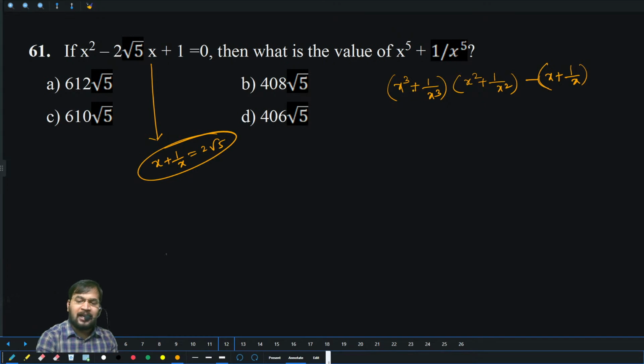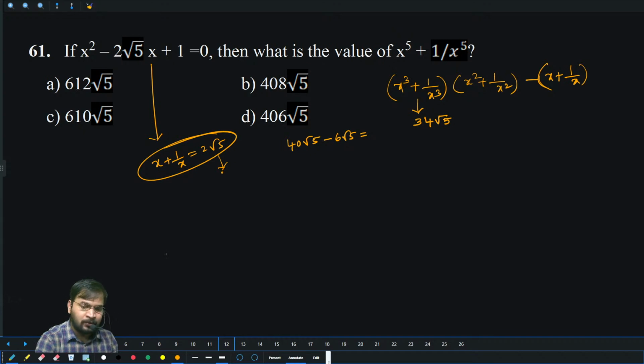Now how to calculate x cube plus 1/x cube? p cube minus 3p. p cube is 2 root 5 whole cube, 8 into 5 is 40 root 5, minus 3p, which is 6 root 5, so that is 34 root 5. Into x square plus 1/x square, which is p square minus 2.